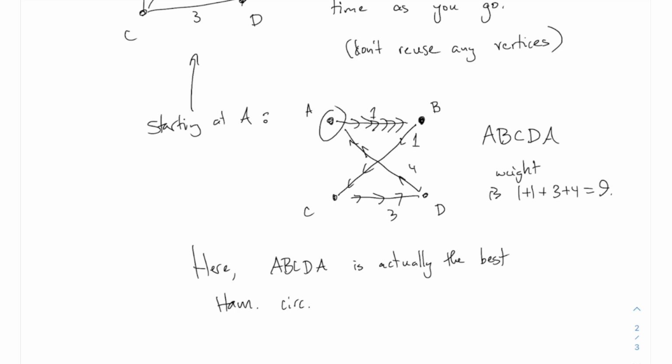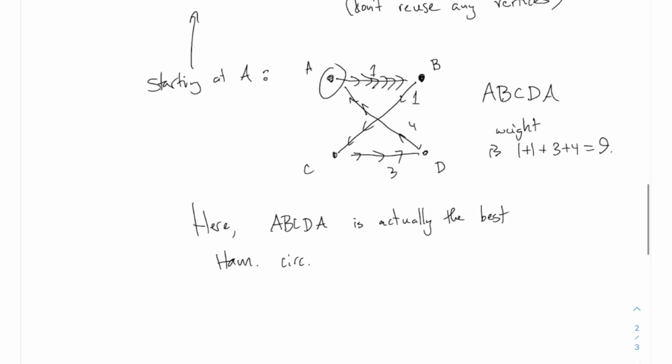Yes, I just want to point out, this is much faster than doing the brute force. If you think about how many steps are required in order to do this, you start somewhere. In this case, I basically had 4 decisions to make. I chose the first edge, then the next edge, then the next edge, then the next edge.